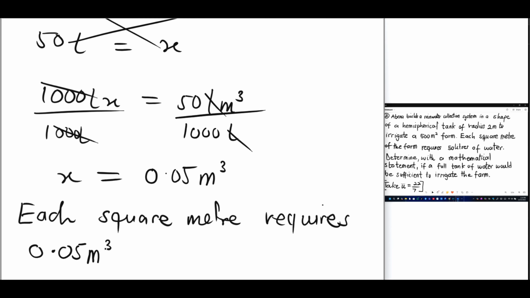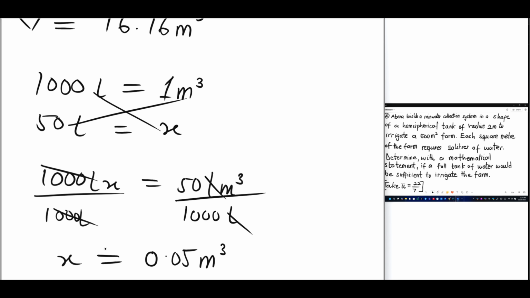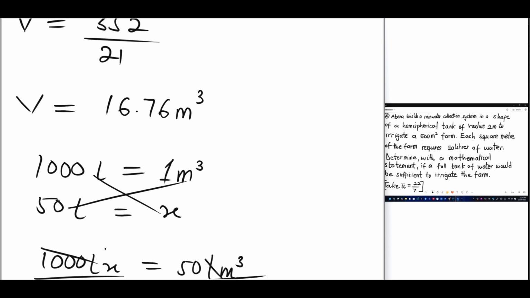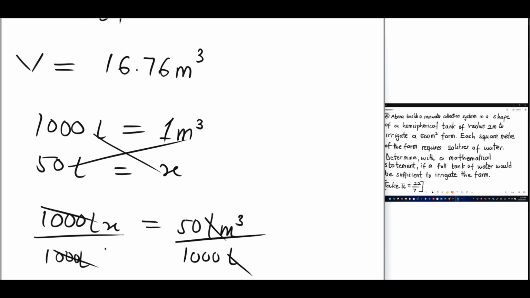It is given as 50 liters of water, but I've converted it to cubic meter since we have all the dimensions in meters. So each square meter requires 0.05 cubic meter of water to irrigate it.